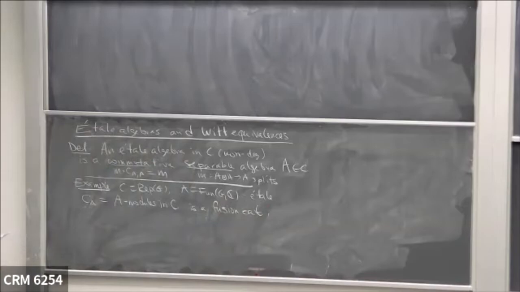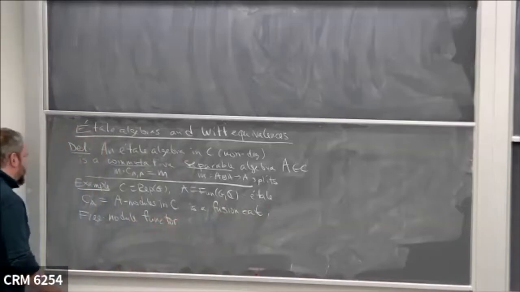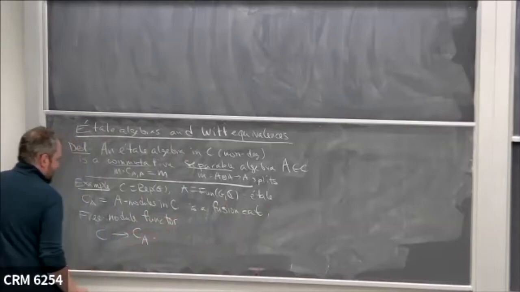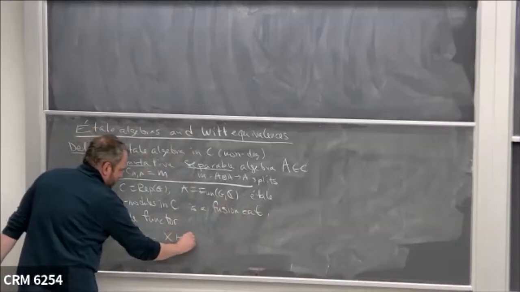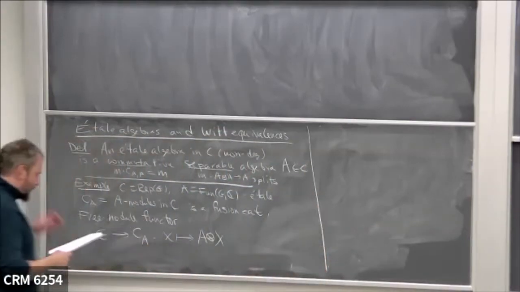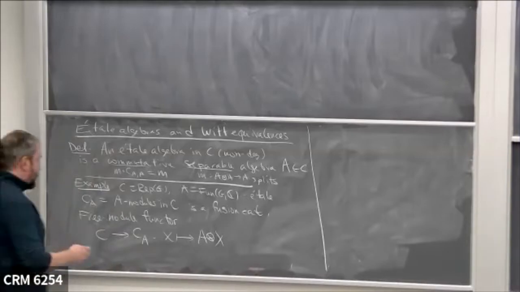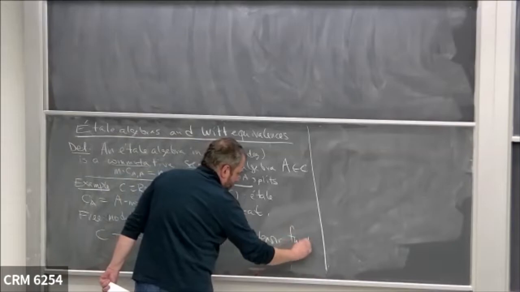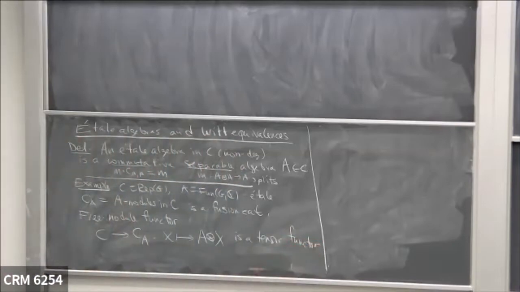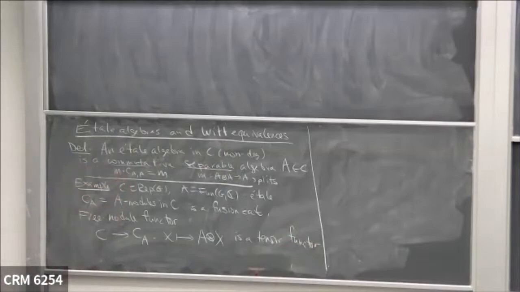Furthermore, there is a free module functor from C to the category of A modules that takes an object and assigns the free module to it. It is a tensor functor. And again, yesterday this functor occurred as the de-equivalentization. So de-equivalentization is a special case of this.